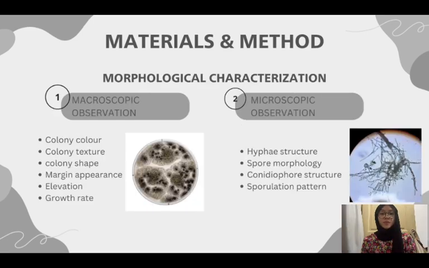Next, once pure cultures are established, morphological characterization will be carried out using two approaches, which are macroscopic and microscopic. For the macroscopic, I will observe and assess visible colony traits, including colony color, texture, shape, elevation, and overall growth rate on the petri dish.